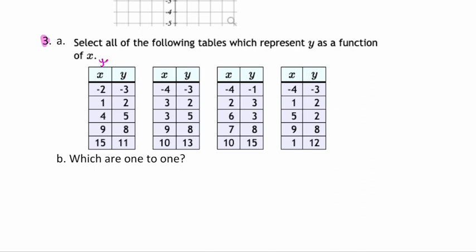So yes, that's a function. But the second one, we have these x's, the 3's that repeat. So they are lined up vertically. So that's no. The third table, all of the x's are different. You see all those x's are different. So that's yes.